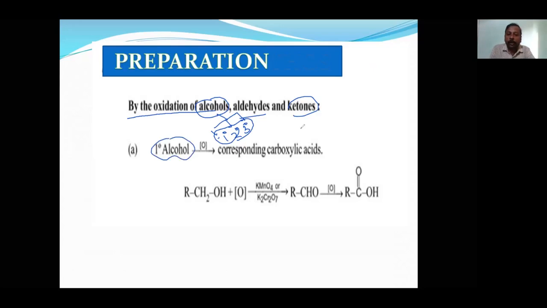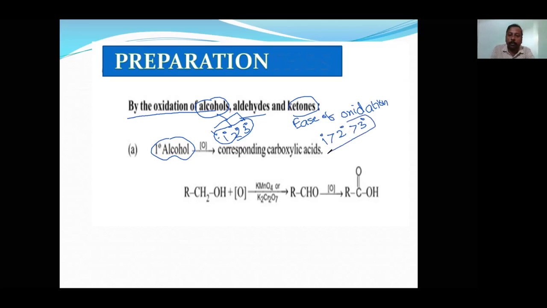In alcohols, ease of oxidation: easily oxidized will be 1 degree, difficultly oxidized will be 2 degree, and very difficult will be 3 degree.